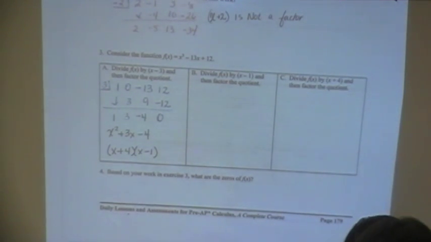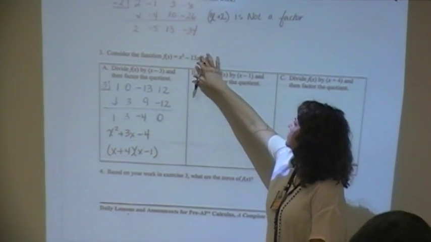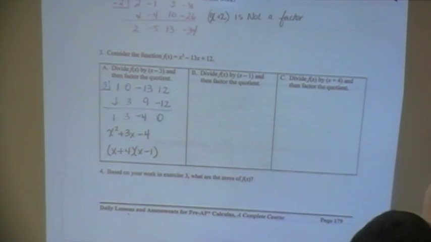Okay, so now they're telling us, go back here to the original function, and we're going to divide by x minus 1.